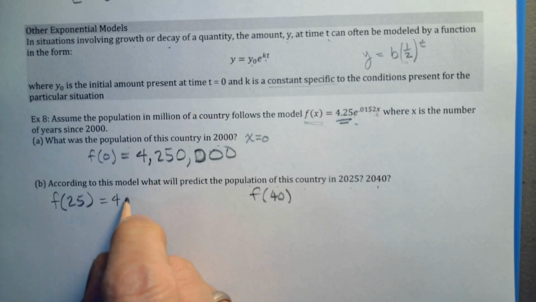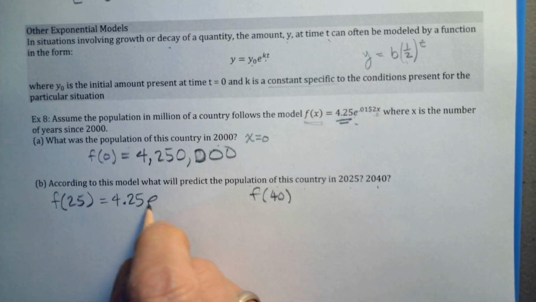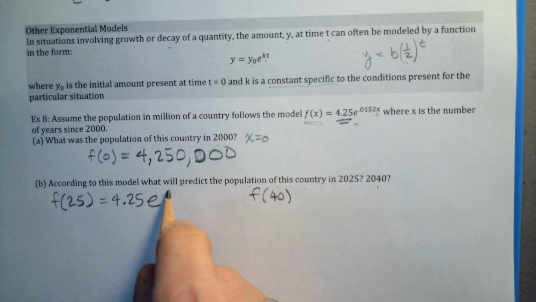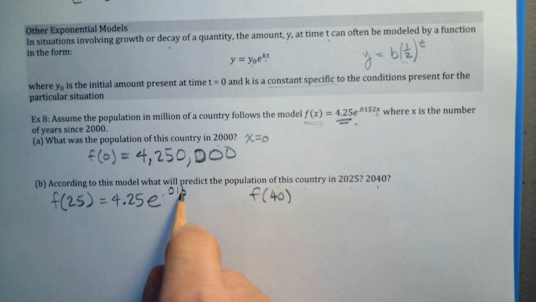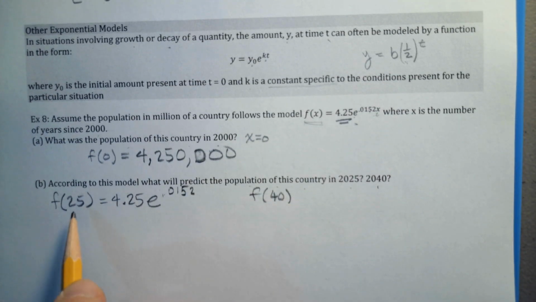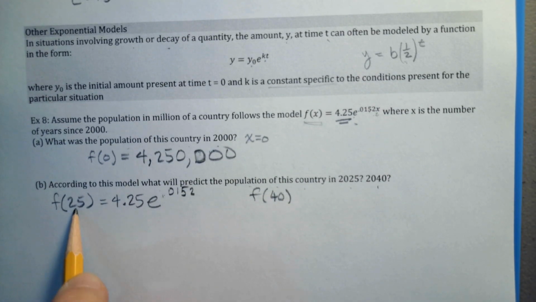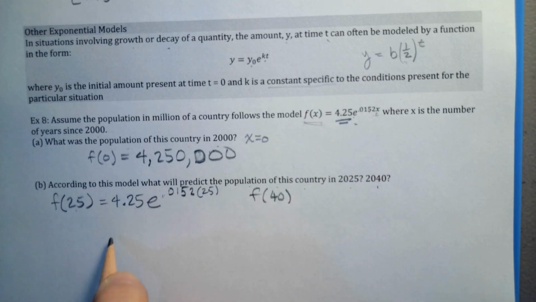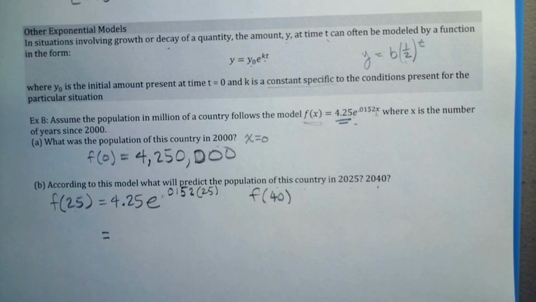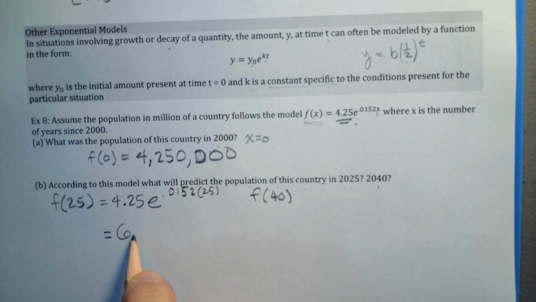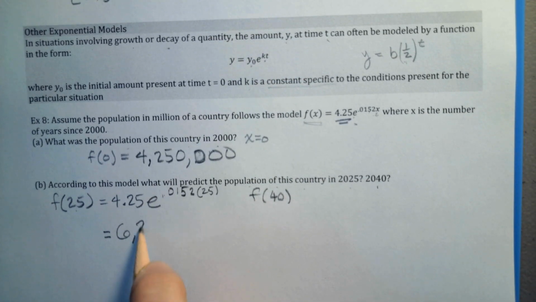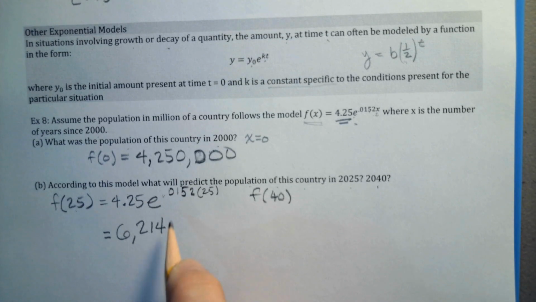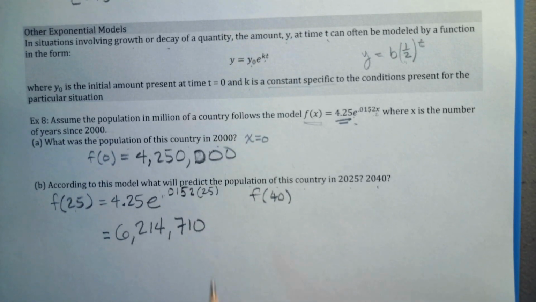All right, so that's 4.25 e to the 0.0152, and then we're using, of course, 2025, so x is 25. Plug that into your calculator. You should get 6,214,710.